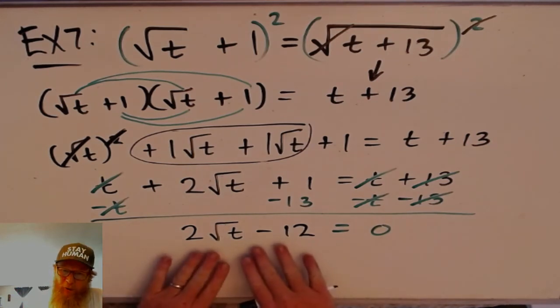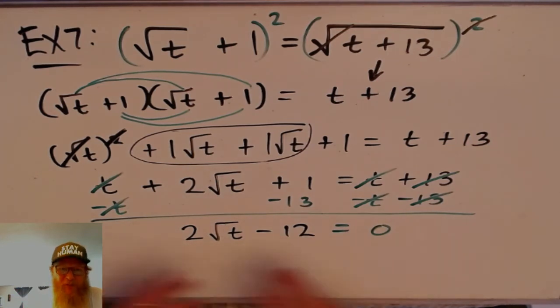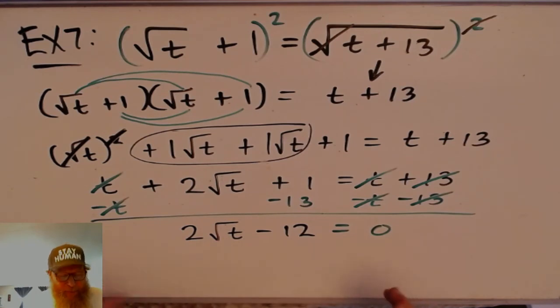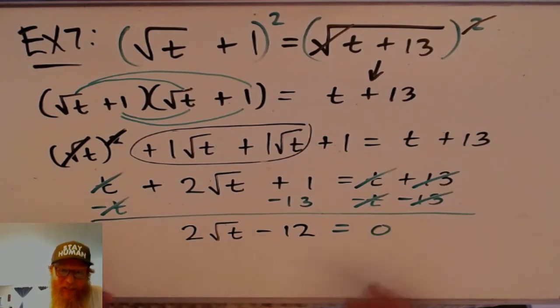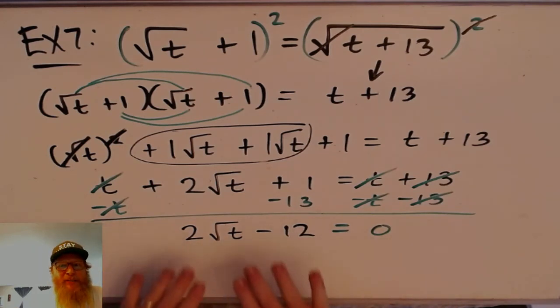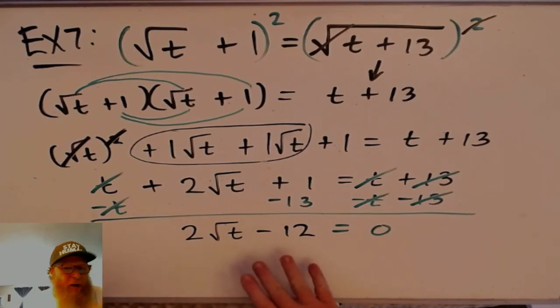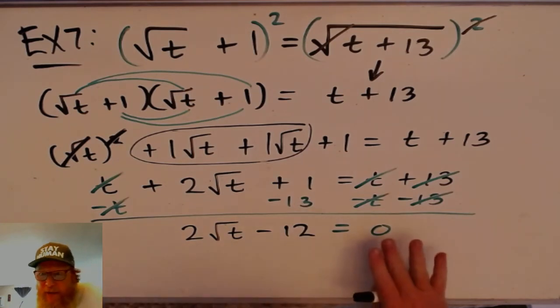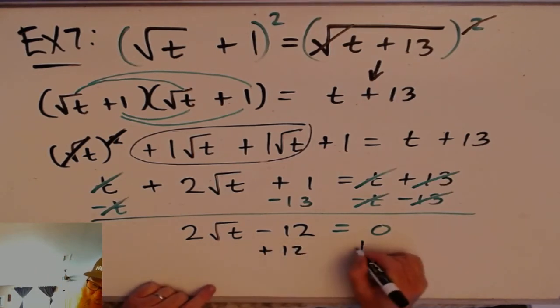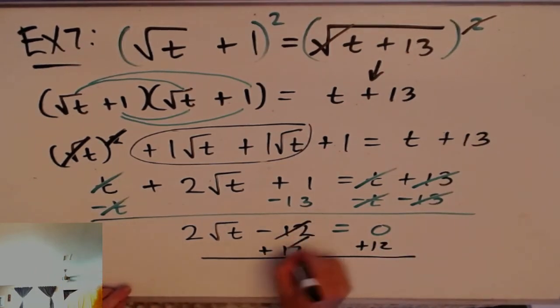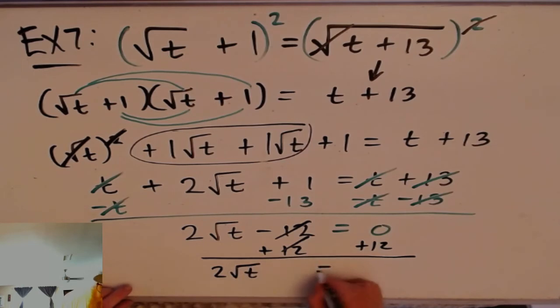If this was a quadratic equation, I would factor it like I did in the last example, but it's not quadratic. It's radical again. Yeah, it's still a radical equation. So this is a lot like example 1 or example 2 that I did, I don't know, how long has it been, 30, 40 minutes ago. So you're going to add 12 to both sides. Divide both sides by 2.